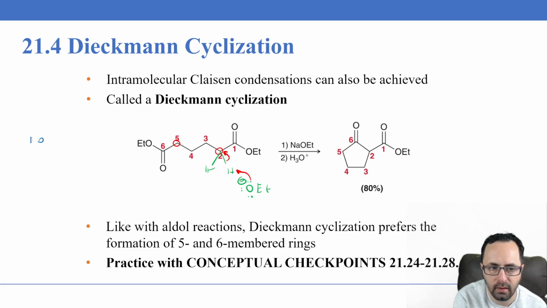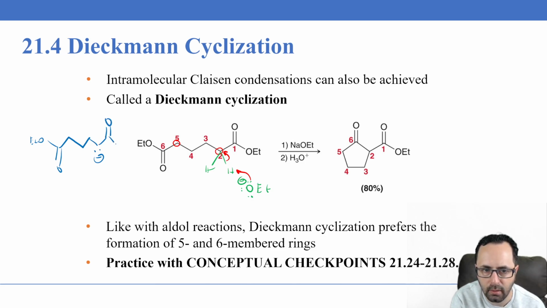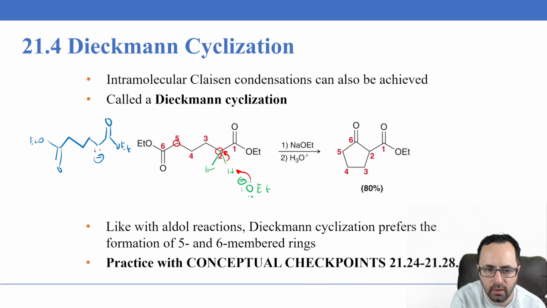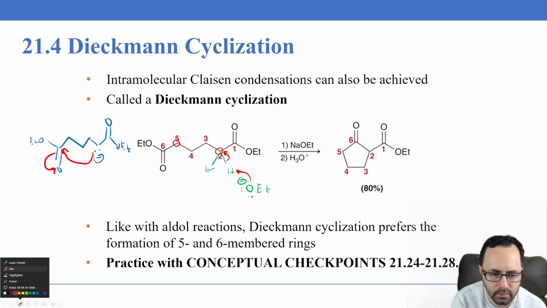So I'll have the OEt here, and here will be my carbanion, which will do the nucleophilic attack. And so when this attack occurs, just like before, the carbanion is going to perform a nucleophilic attack here on the carbonyl carbon. And so that's going to produce for us this guy right here, OEt.